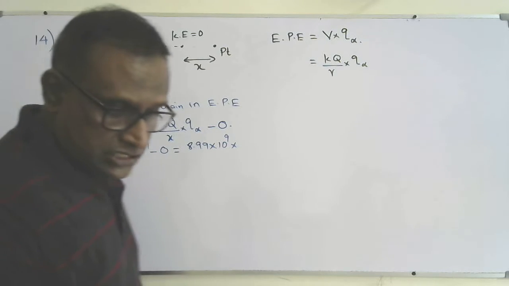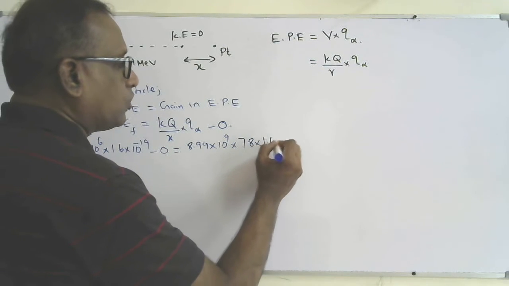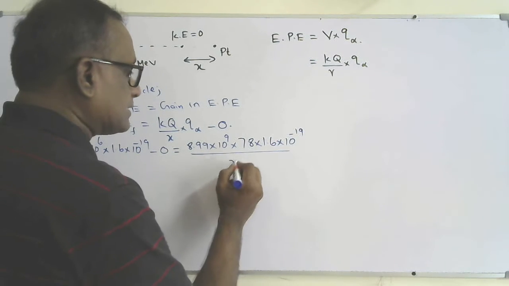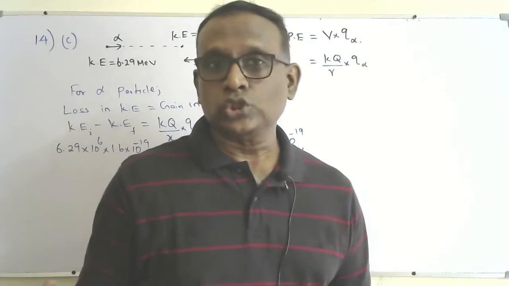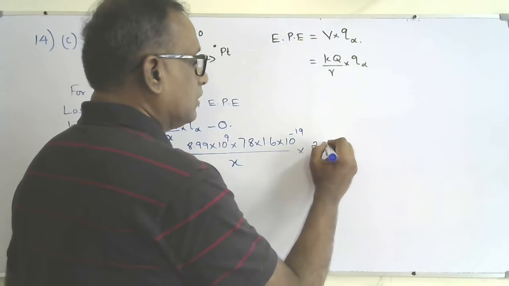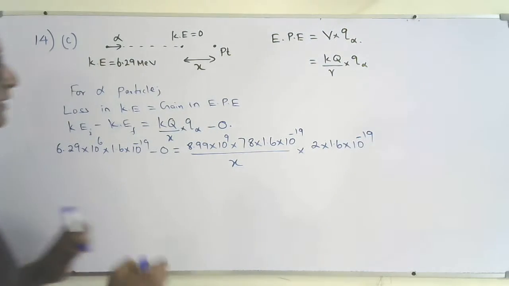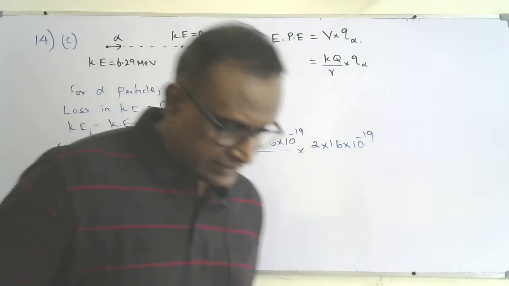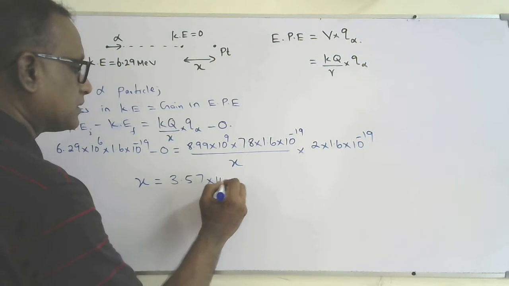They are saying it consists of 78 protons, so 78 times each proton 1.6 times 10 to the power minus 19, over x, times the charge of the alpha particle. You know the alpha particle is plus 2, so 2 times 1.6 times 10 to the power minus 19. Solve it and find x. You will get 3.57 times 10 to the power minus 14 meters.